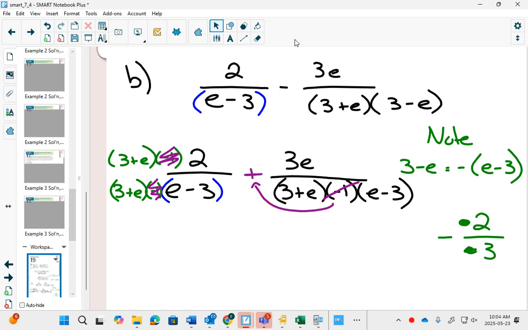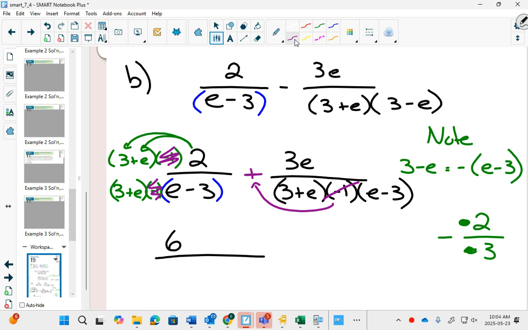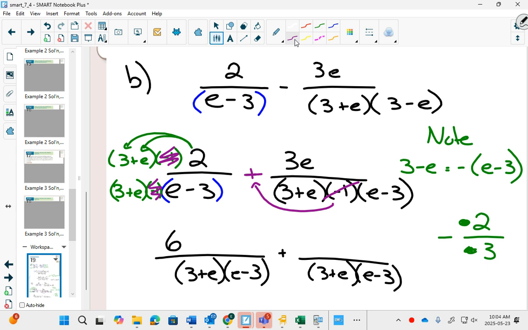So if I continue this way, well, I have to remember that this gets distributed. So I'm going to get on the top here 6. Okay, first of all, my denominators are the same. They're 3 plus e and e minus 3. Plus sign here now, and 3 plus e and e minus 3. And if you wanted to write that 3 plus e as e plus 3, which is what I really wanted to do, but I didn't want to cause any kind of, why'd you change that?